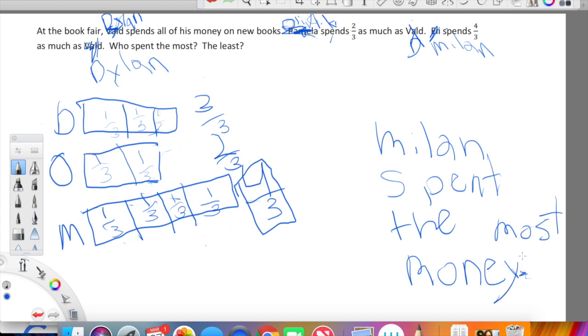And now we have to do who spent the least amount of money. Well, what's smaller, 3/3 or 2/3? All of us would know it's 2/3. You're right. That means Olivia. I feel like I really spelled Olivia's name wrong. I did spell Olivia's name wrong.